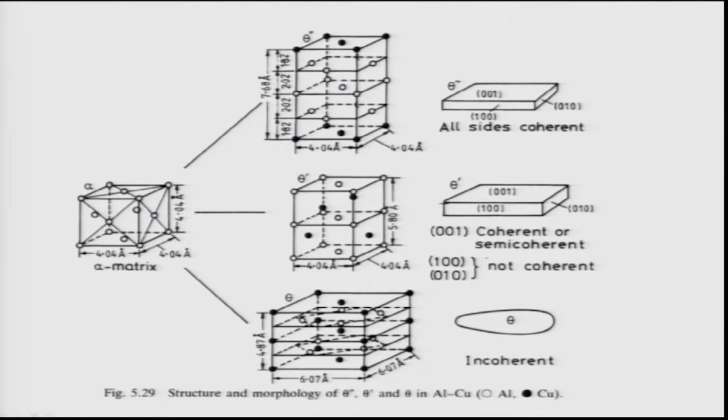Theta double prime has coherency along all interfaces, therefore it retains low energy interfaces with the matrix. Theta prime actually has coherent or semi-coherent interfaces along 001 planes, but non-coherent on 100 or 010 planes. And on the other hand, theta, which is the equilibrium precipitate, is a completely incoherent structure.